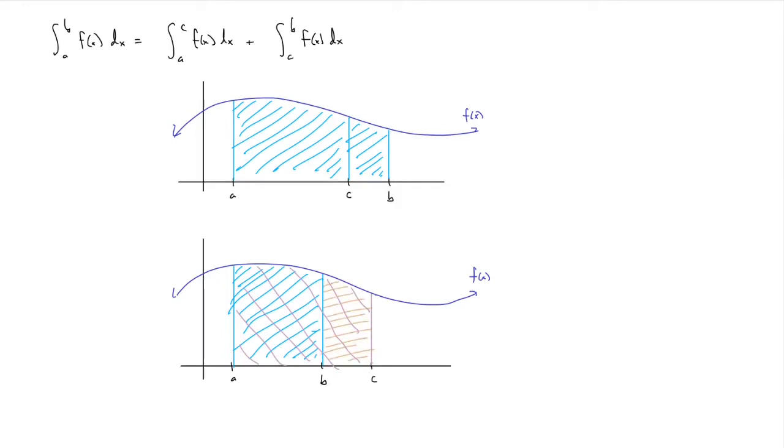And in orange, I've just shaded the area from b to c, except that's not what the integral says. The integral says the integral from c to b. And the integral from c to b is the negative of the integral from b to c. And so what we're doing is we're taking the area under the curve from a to c and subtracting the area under the curve from b to c. And that indeed does give us the area under the curve from a to b.